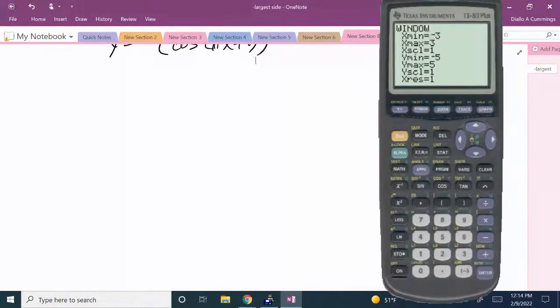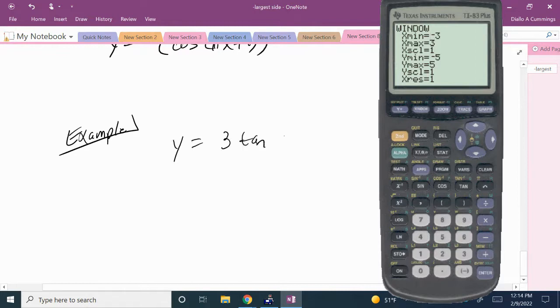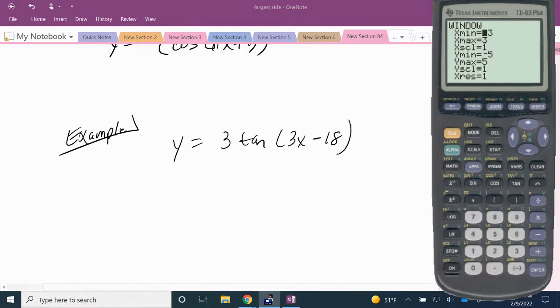So this is y is equal to 3 tangent 3x minus 18. So we want to find the period and also the horizontal shift, which is the phase shift.